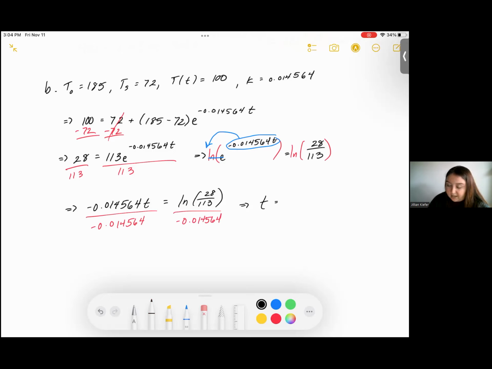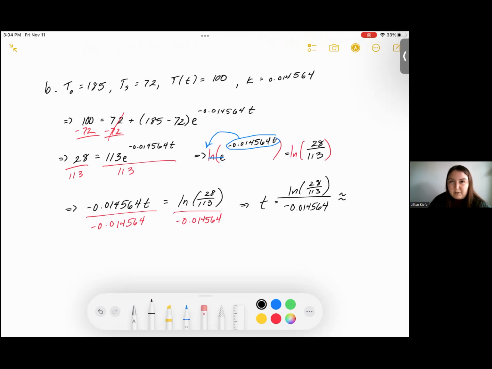This tells us that t, our time, is going to be the natural log of 28 divided by 113, all divided by negative 0.014564. We want to plug this number into our calculators. We're going to round to the nearest minute or one decimal place for hours.